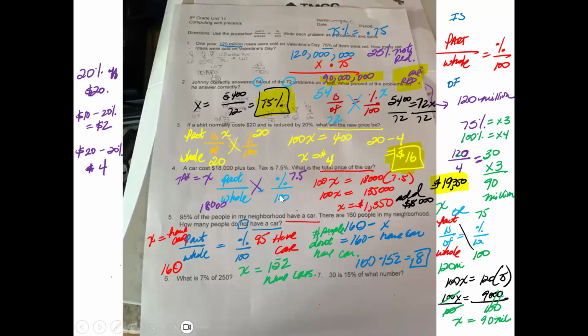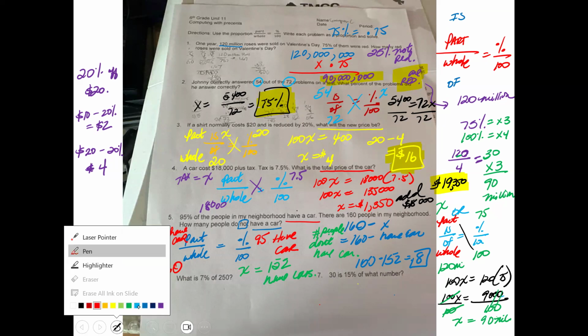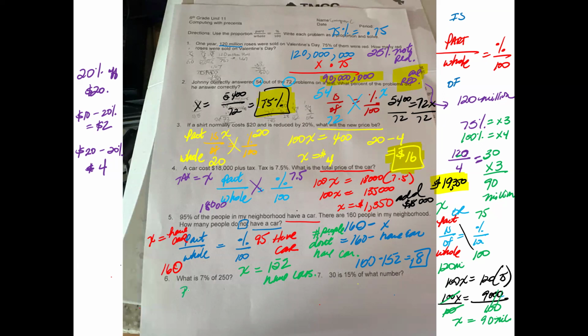Explain what you did for number 6. Whole of 250. Keep going. The percentage is 7. X is equal to the part. What does X actually stand for? Part.